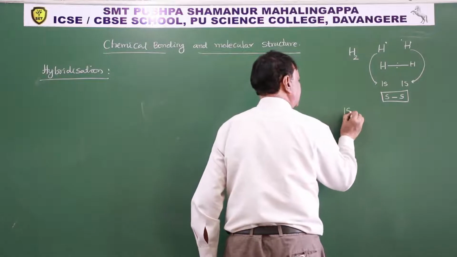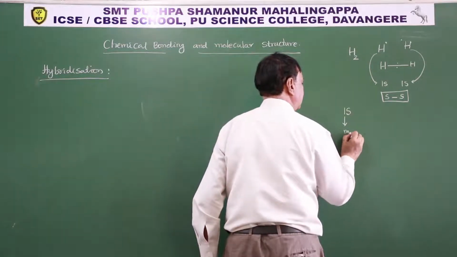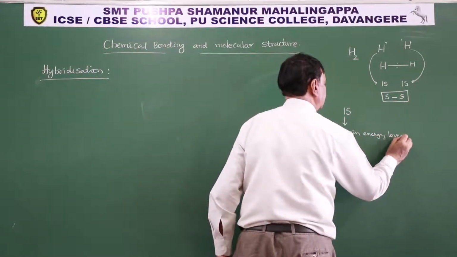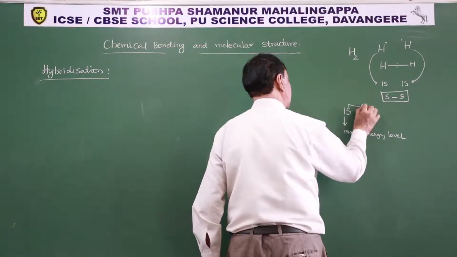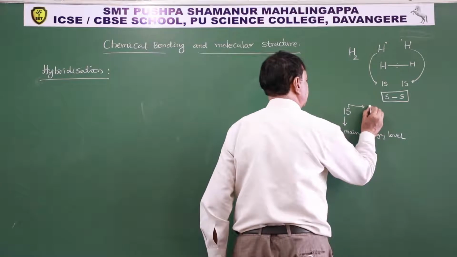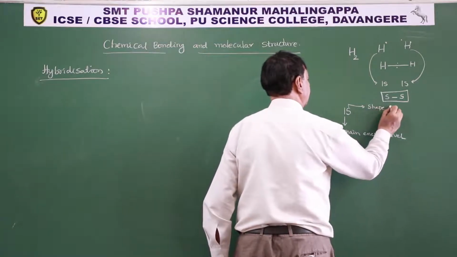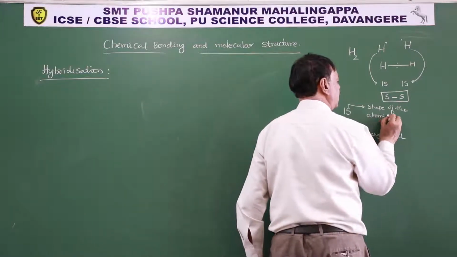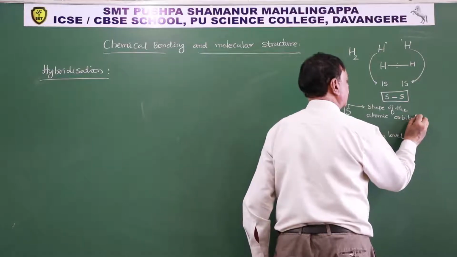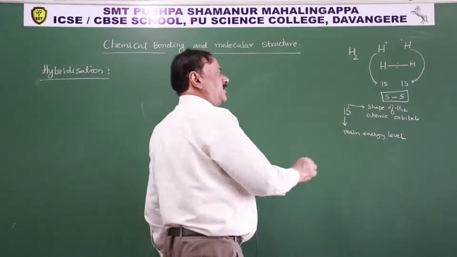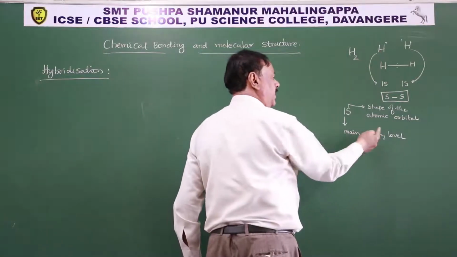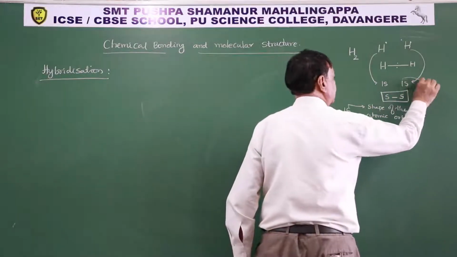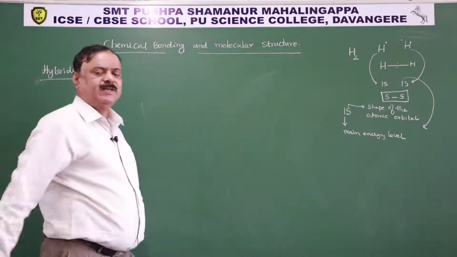Here in 1s, 1 corresponds to the main energy level, and s corresponds to the shape of the atomic orbital. For the first hydrogen atom, the main energy level is the same and the shape of the atomic orbital is also the same for the second or neighboring hydrogen atom.